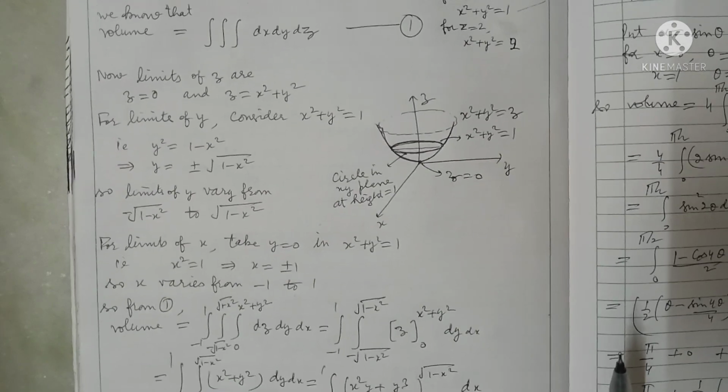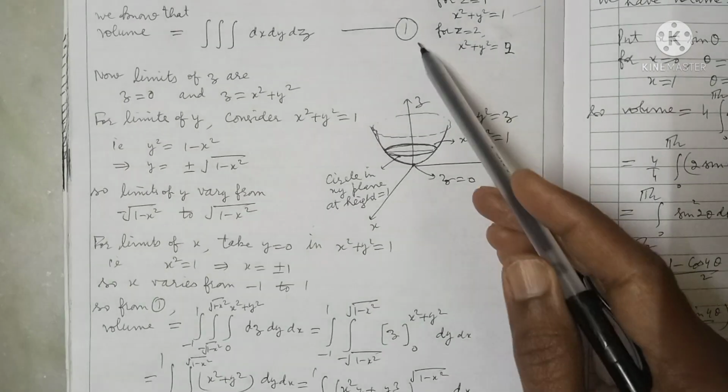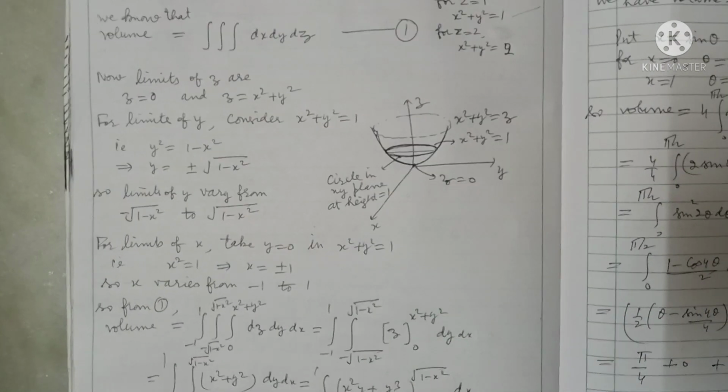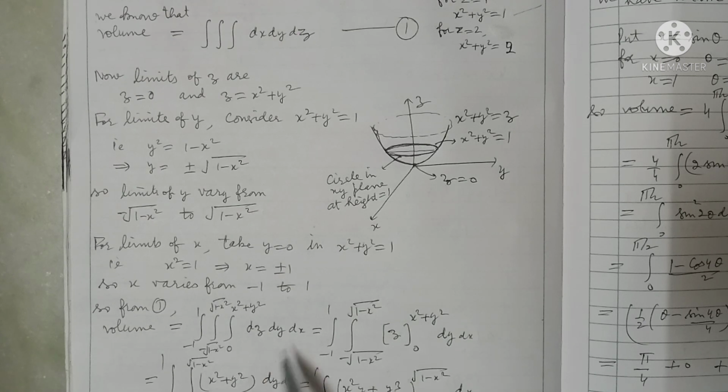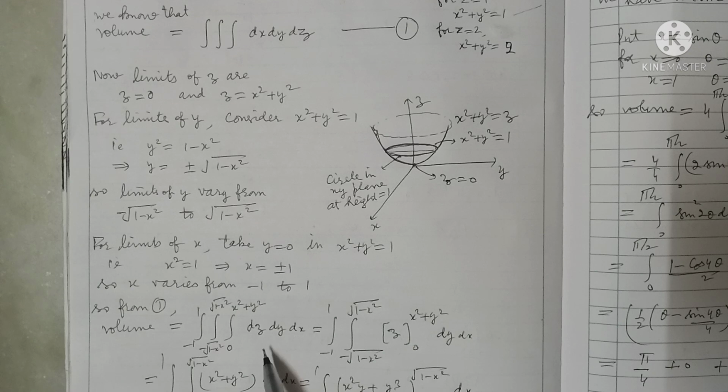Next, now we go back to equation 1 for solving the triple integral. So we already know that when we have variable limits, we first integrate with respect to that variable that has maximum number of variables in its limits. So here limits of z are having two variables, that is x and y.